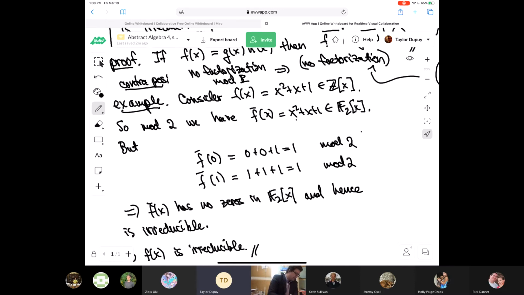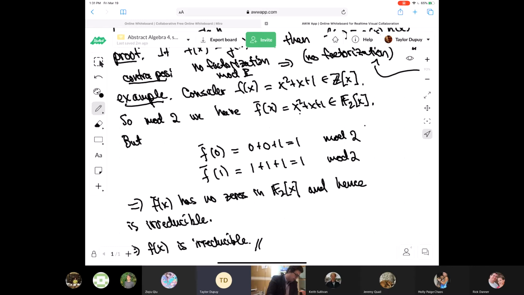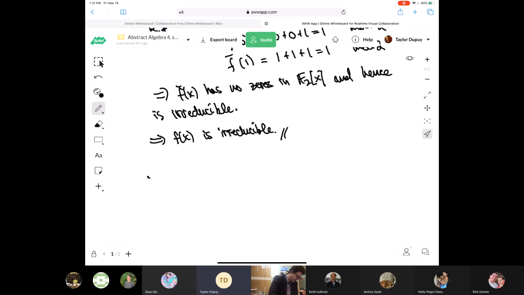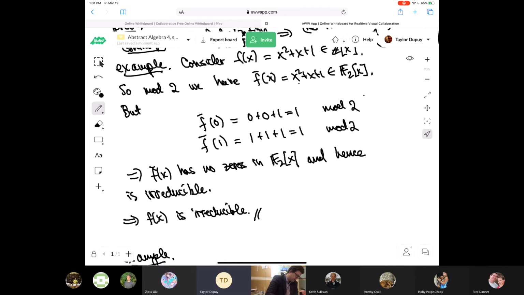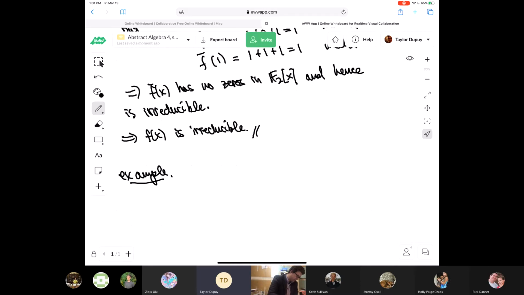Okay, and you don't need to do mod p, right? You could have done something like this. Here's another example. Consider f of x, y to be x squared plus x plus 1 plus y.